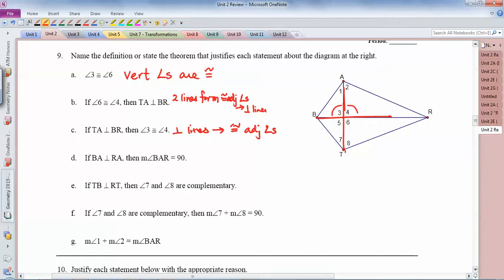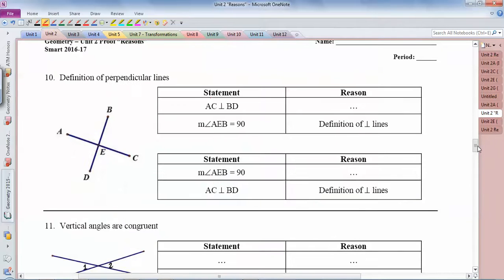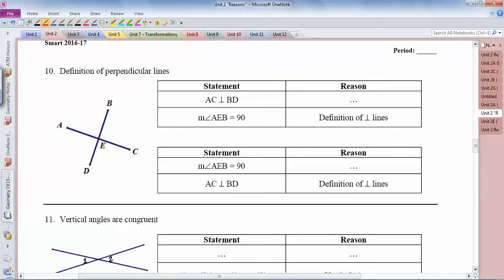Okay, so then the next one, if BA is perpendicular to RA, so if this one is perpendicular to this one, then the big angle is 90. Okay, well, if we come up here, if 2 lines are perpendicular, then you get 90-degree angles.